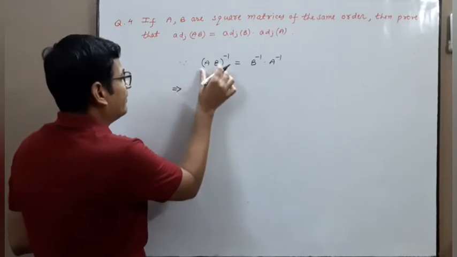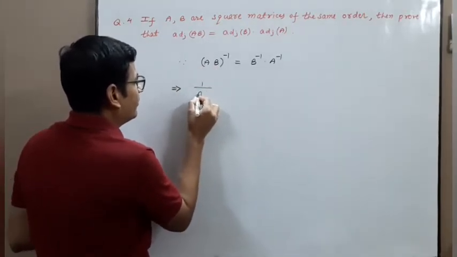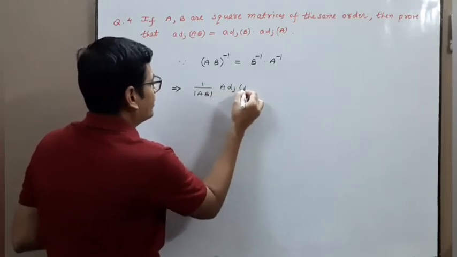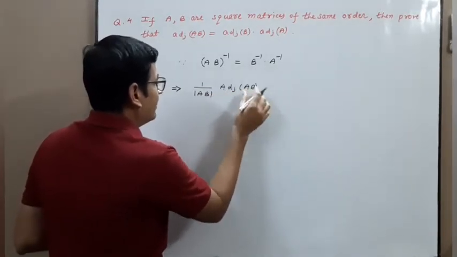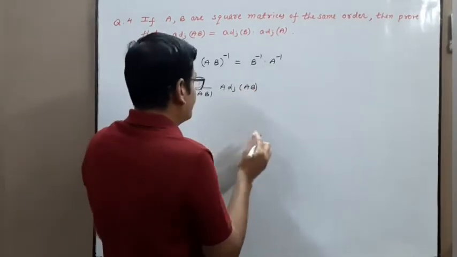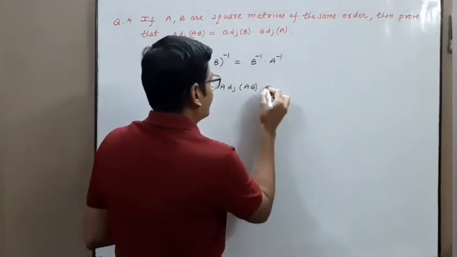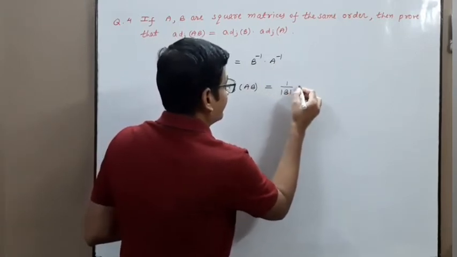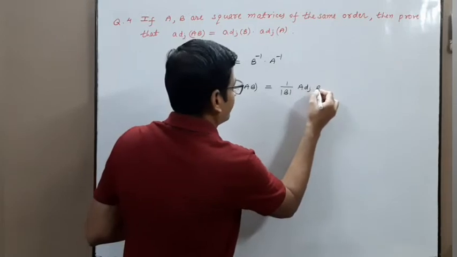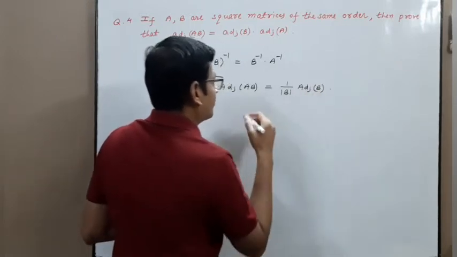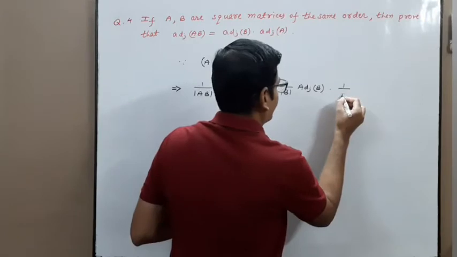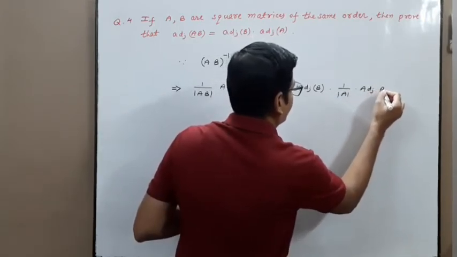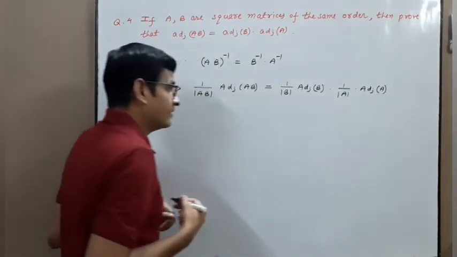A formula for AB inverse, 1 upon determinant AB into adjoint AB, where determinant AB not equal to 0, is equal to B inverse, 1 upon determinant B into adjoint B, into A inverse, 1 upon determinant A into adjoint of matrix A.